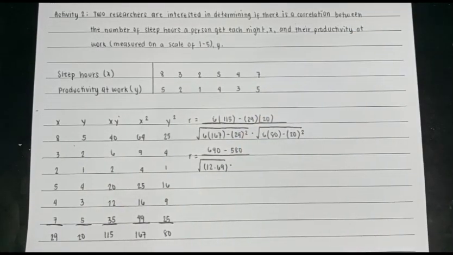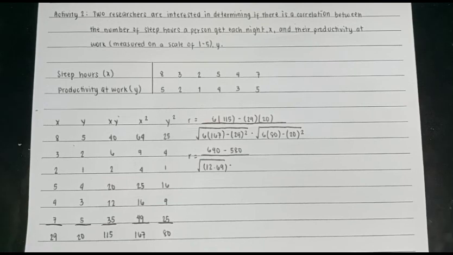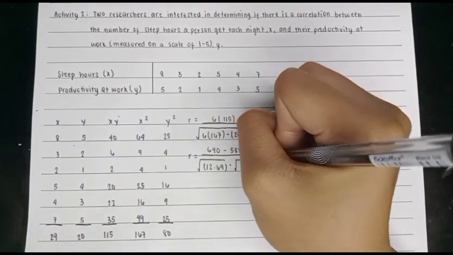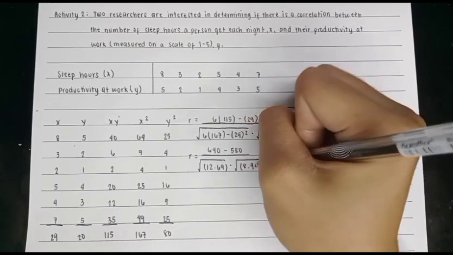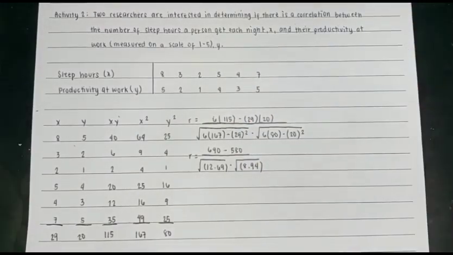Then next, the square root of 6 times 80 minus 20 then squared, and the answer is 8.94. And after that, we simply subtract 690 minus 580, and the answer is 110.